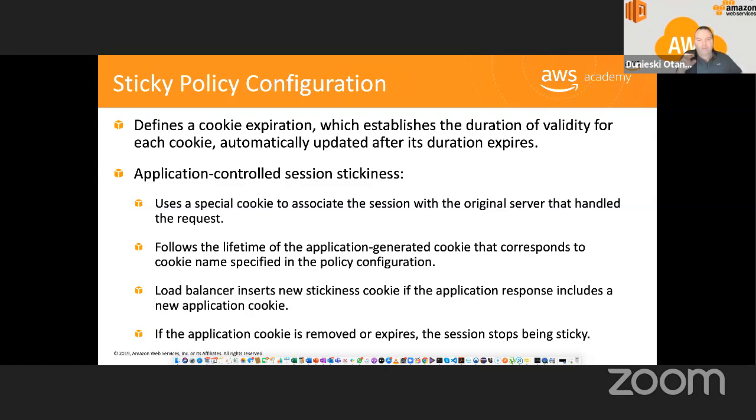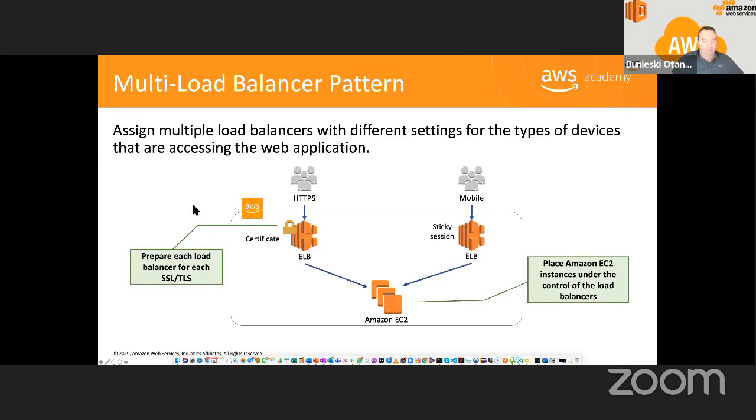So this is good when you want to bind users to a specific EC2 instance. But if you don't want that, don't use it. It's not recommended, because that limits scalability.